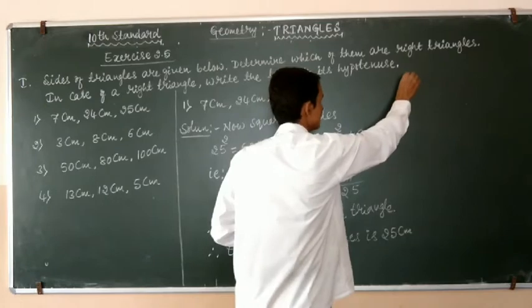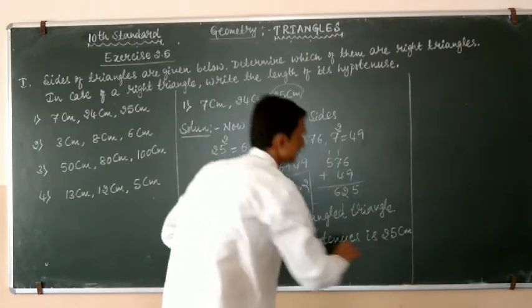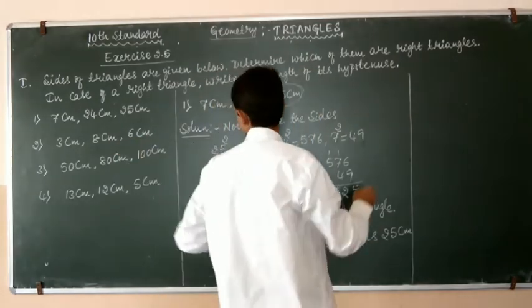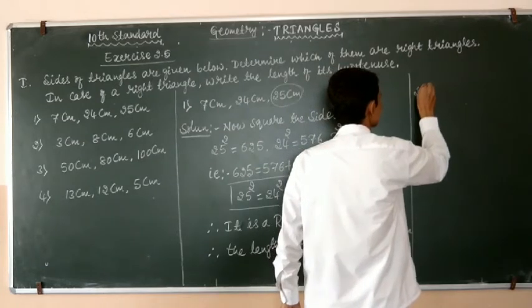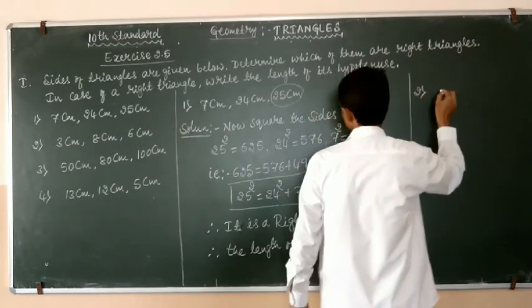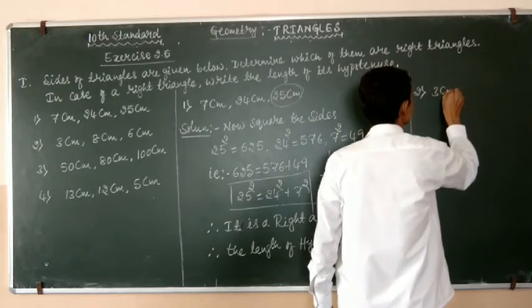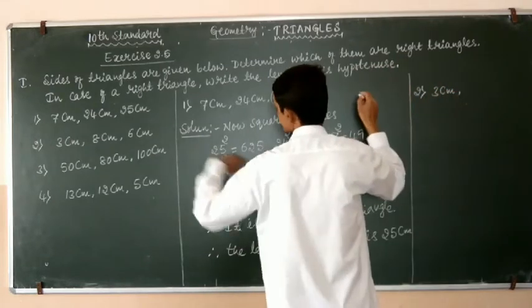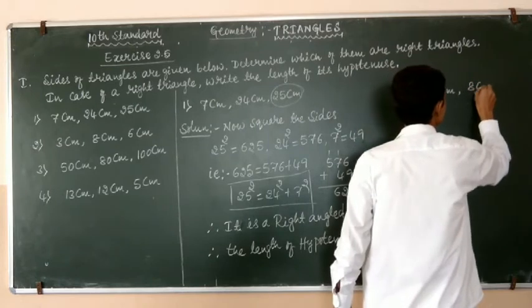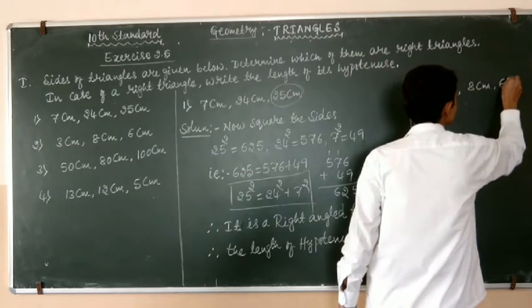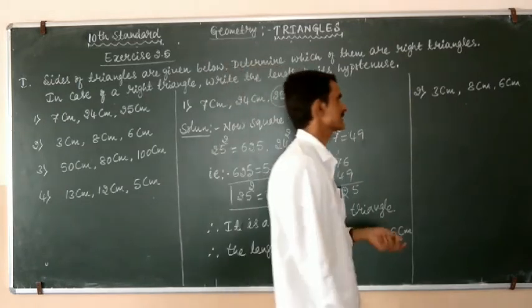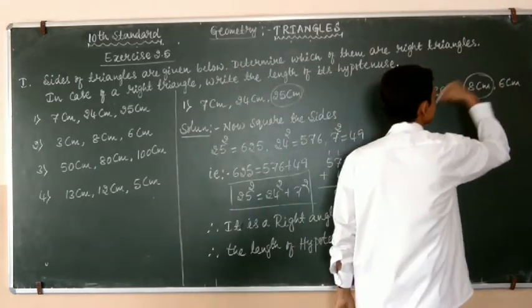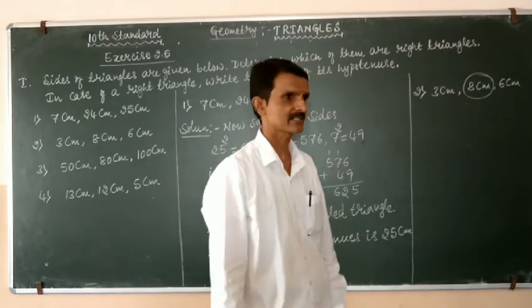So I will give a clue for the second problem. In the second problem, the measurements are 3 centimeter, 8 centimeter, 6 centimeter. Which is the largest side here? 8 centimeter is the largest side.